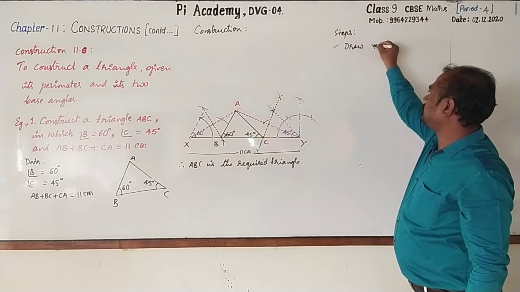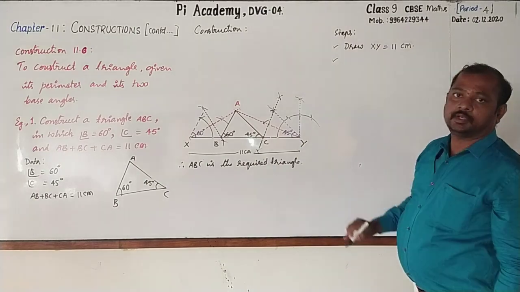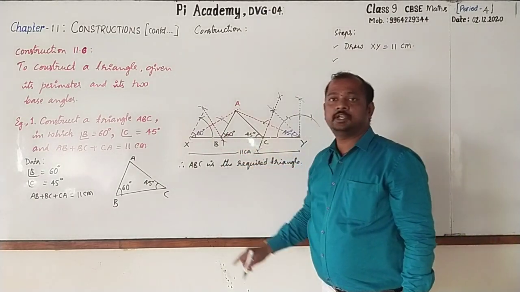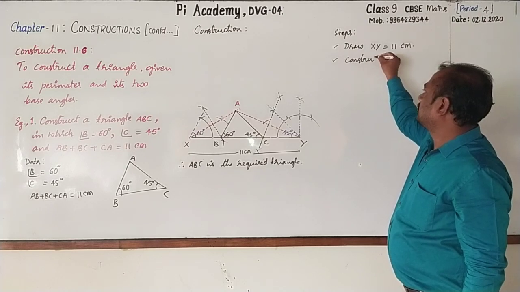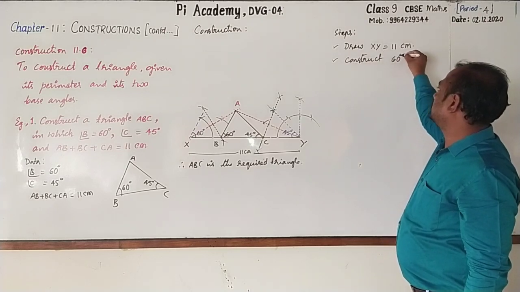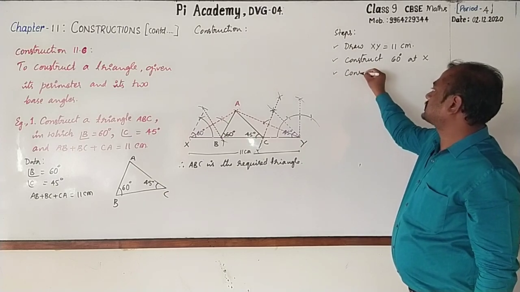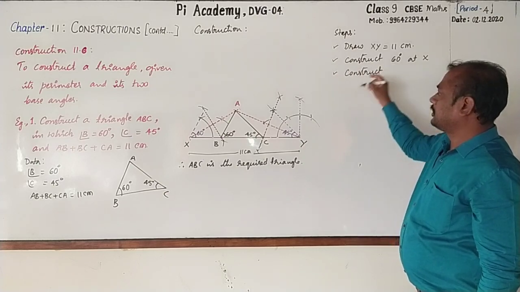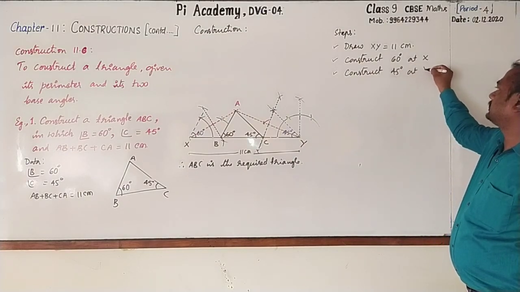Draw XY equal to 11 centimeter. Next, construct 60 degree at X. Then construct 45 degree at Y.